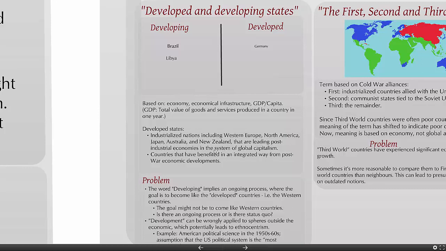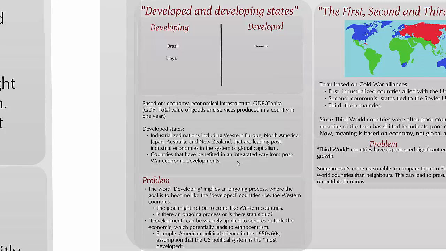They are the leading post-industrial economies in the system of global capitalism, and they would be the developed states and countries that have benefited from post-war economic developments. And every other country would be a developing country by this measure.